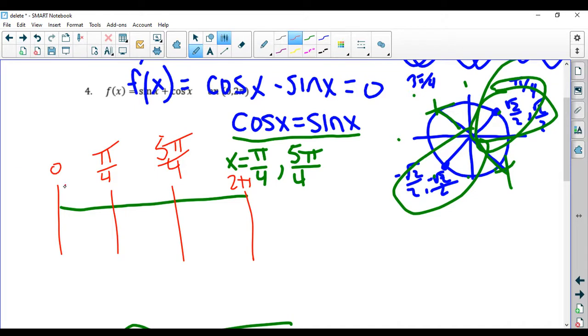So our intervals are 0 to pi over 4, pi over 4 to 5 pi over 4, and 5 pi over 4 to 2 pi.